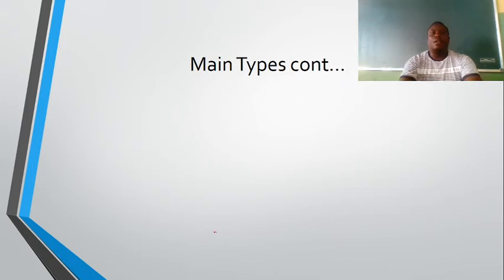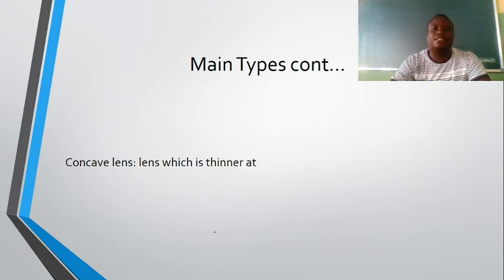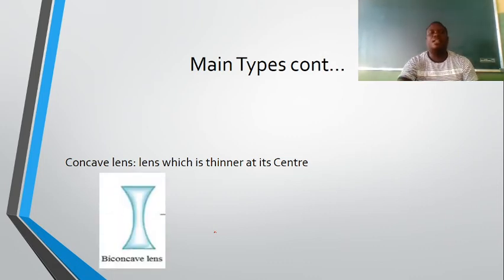So we continue with the main types. Don't be confused. We are going to see the concave lens. A concave lens is thinner at the center, but it starts to be thicker as we get to its edge.